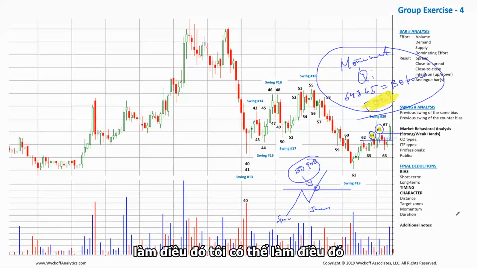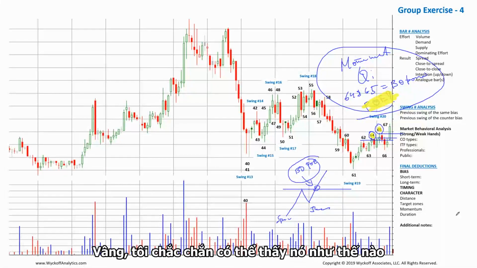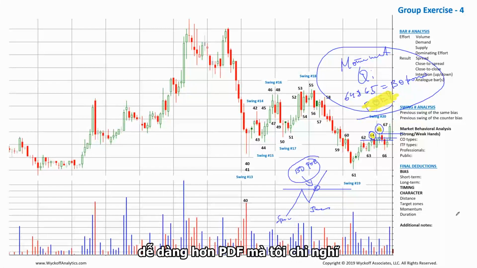Okay, yeah, I could do that. I probably should do this in a slightly different way, but I could definitely see how it's easier than the PDF. I'm just thinking about all of these numbers because in the PDF it's different, but I'll probably just copy and paste it into the PowerPoint.